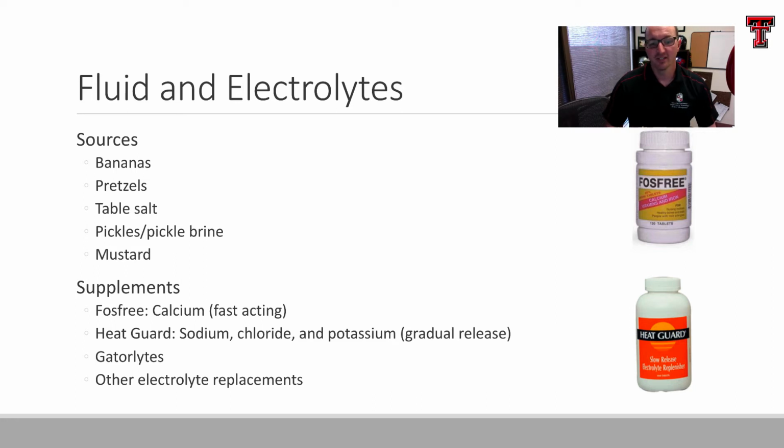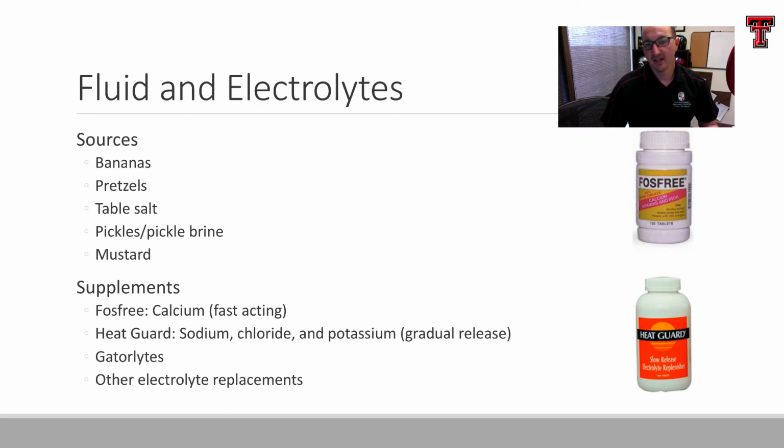And then preventatively, I'll use a slow salt like a heat guard, and this is sodium, chloride, and potassium. So oftentimes we'd use the little ketchup paper cups and put like 1 Phosphorus and 2 heat guard in that cup, and then the athlete takes that preventatively before the activity. If they start to have problems, they might take an additional Phosphorus.